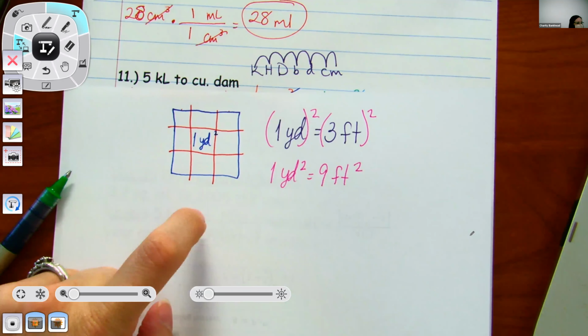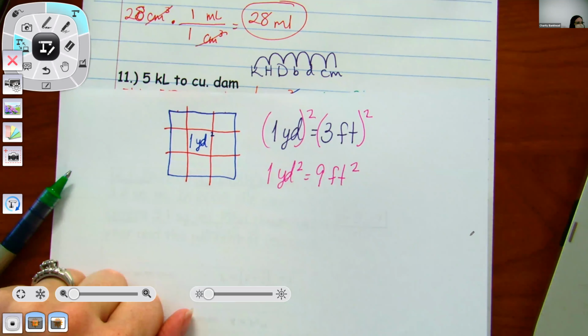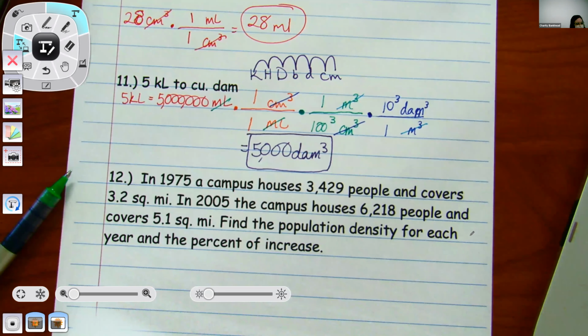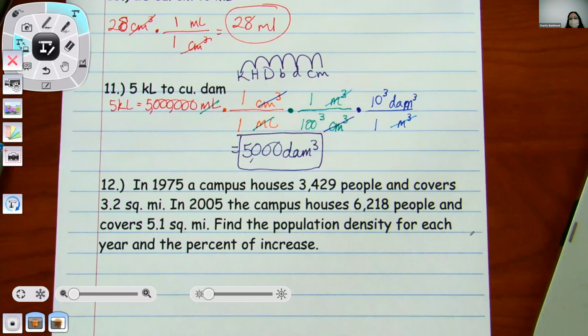If we made it 3-dimensional, we'd multiply by 3 again, so there'd be 27 cubic feet inside of a cubic yard. All right. Any other questions about any of that?